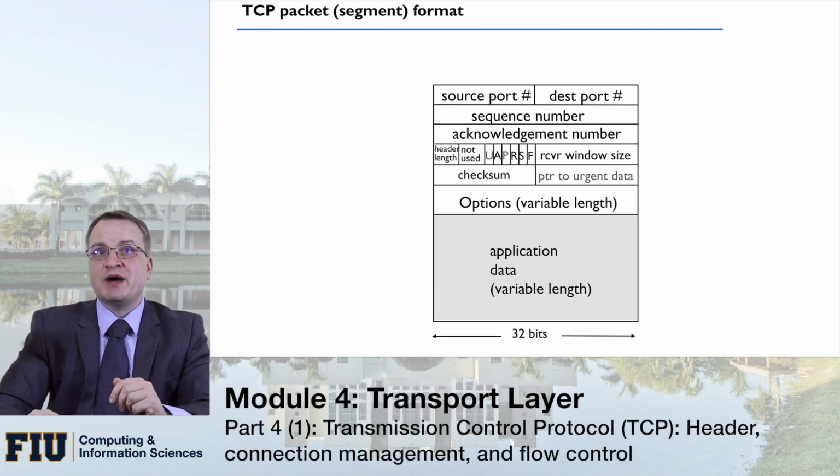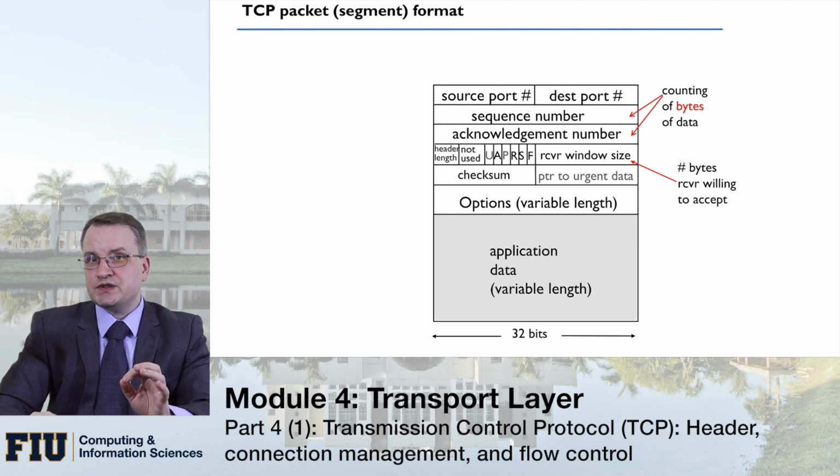And to give you some idea of what exactly is happening with the TCP header, I already highlighted that it's not that trivial. The TCP header has tons of different fields. The first ones are source port and destination port, which are used for multiplexing and demultiplexing purposes.